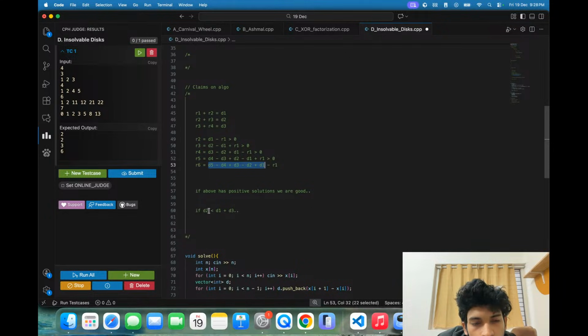So you want all the alternating sums to be greater than 0. If that happens, is it done? If all the alternating sums are greater than 0, is it done then?